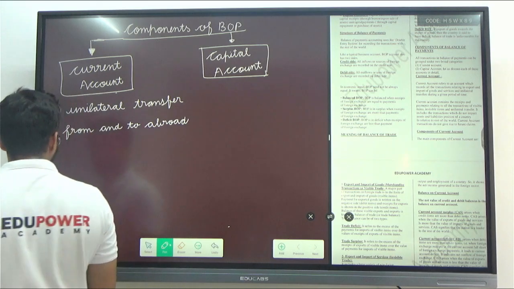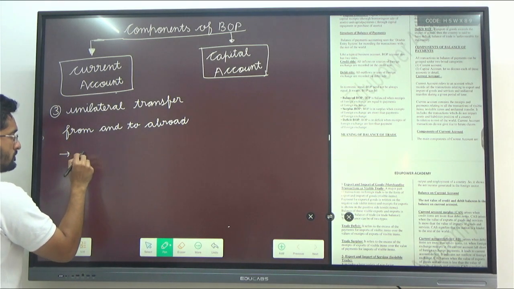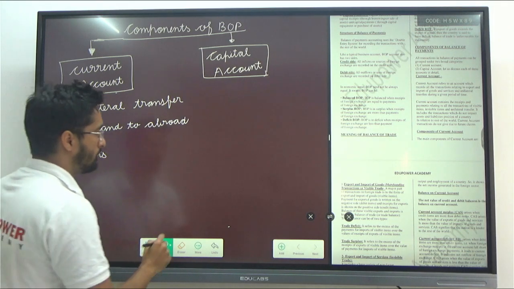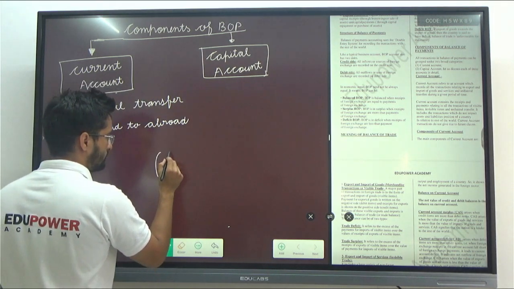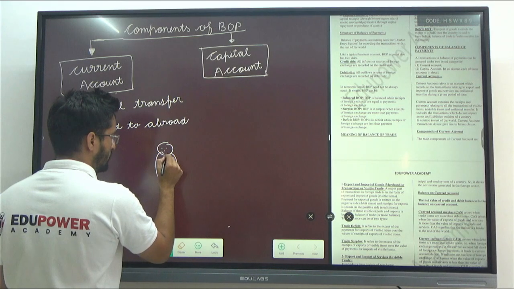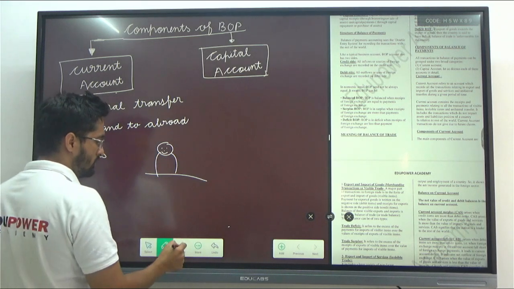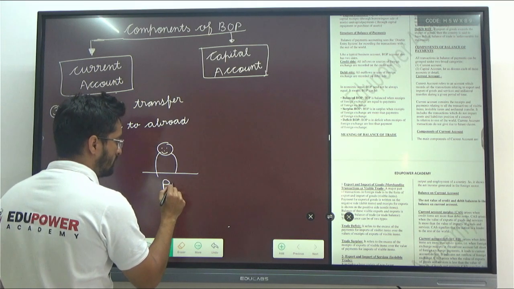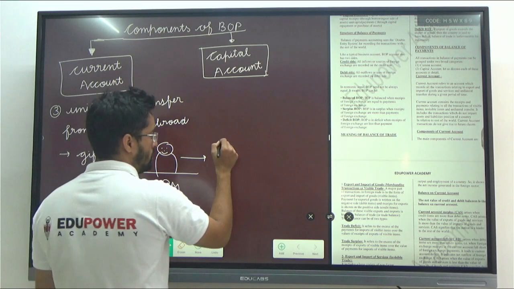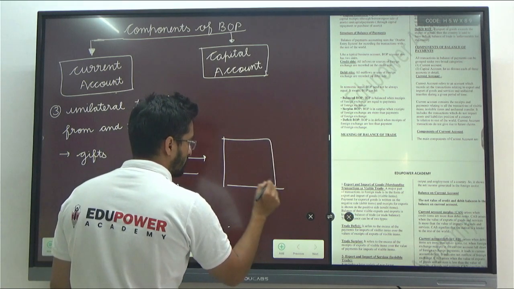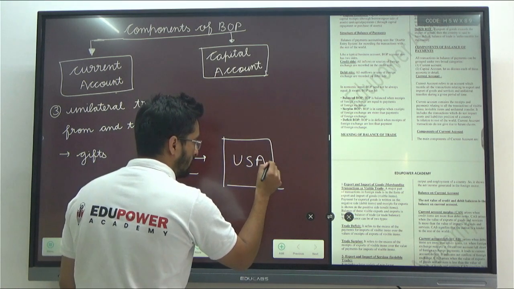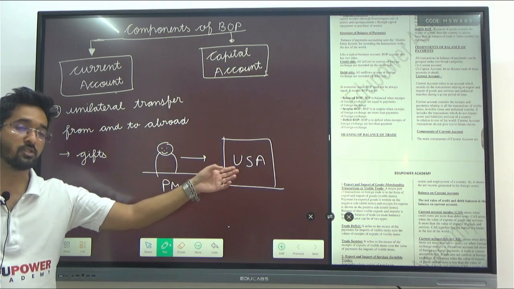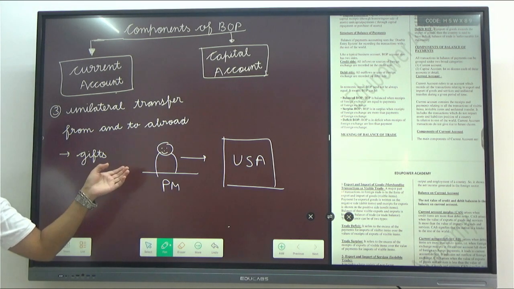For example, gifts. Suppose our Prime Minister, Modi ji, goes to the USA, and the president of the USA gives him a gift.